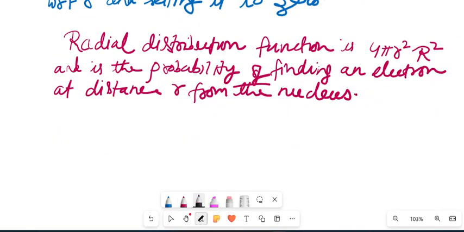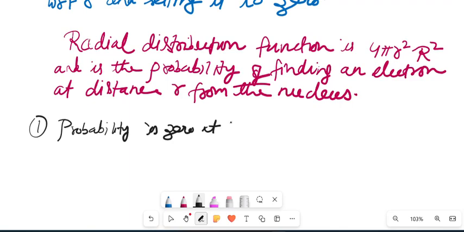First of all, the probability is 0 at the nucleus.